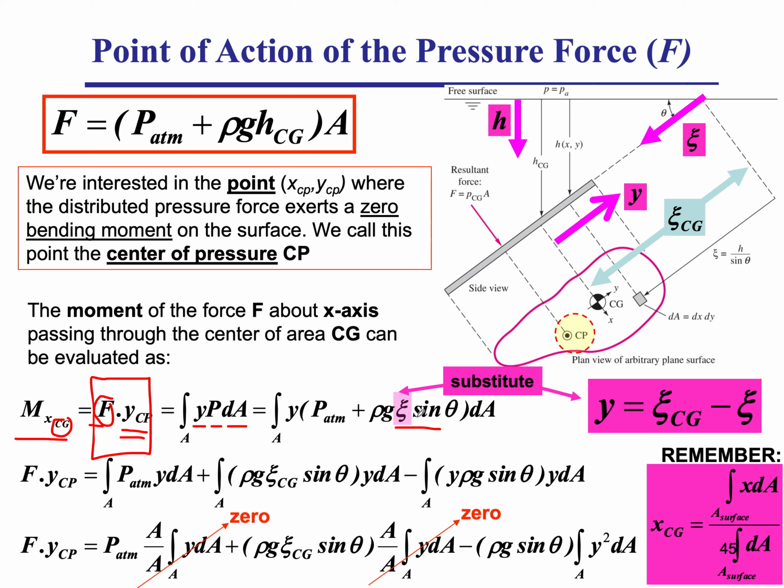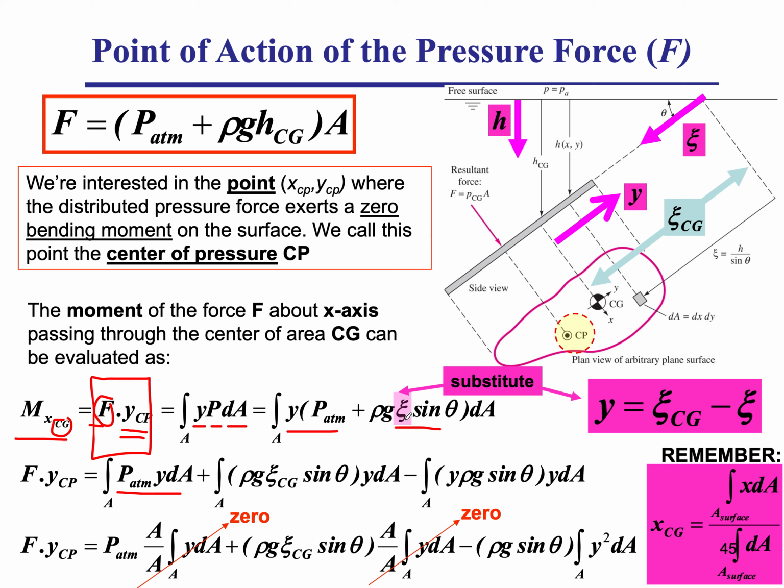Let's just replace one or the other. So let's just set zeta to zeta CG minus y. So that's what we will do over here. So I get this first term is y times p atmosphere times dA, and then, as we said, this zeta I'm going to replace with zeta CG minus y.